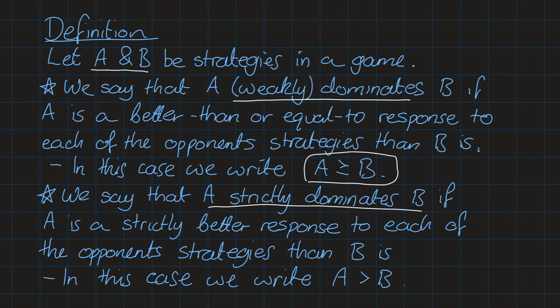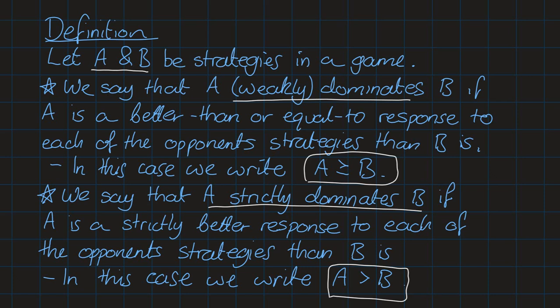So it doesn't matter what your opponent chooses to do, it would always make more sense for you to do A than to do B. That's what strictly dominant means. And in this case, we write A strictly bigger than B. So this is the definition for dominance relations. There's two parts: the weakly dominant and the strictly dominant.